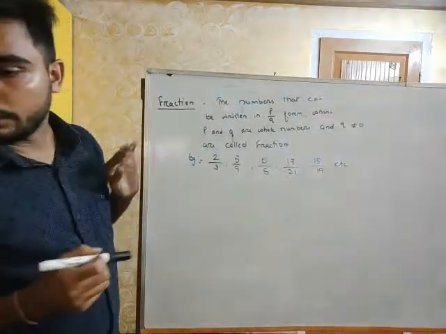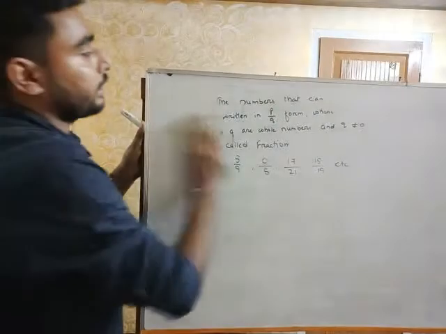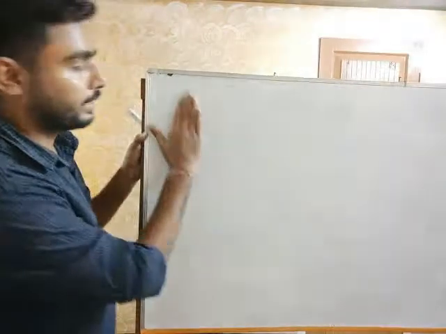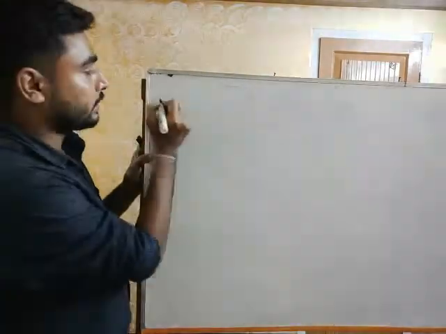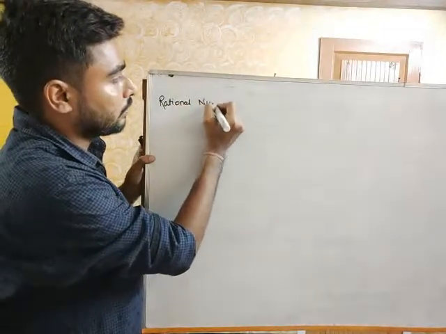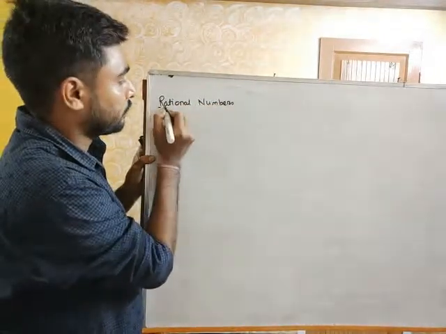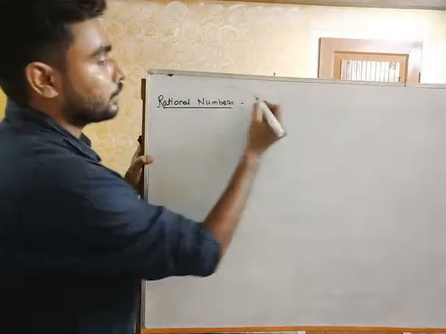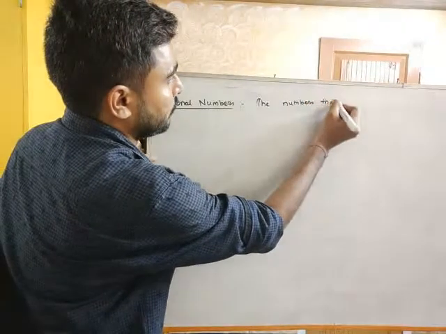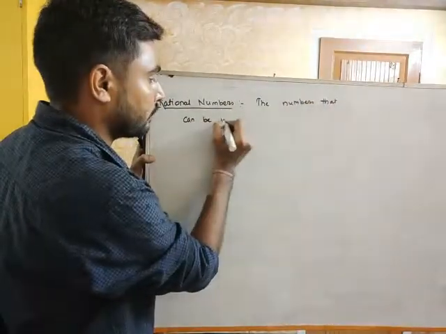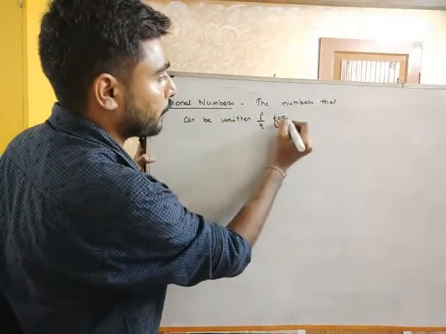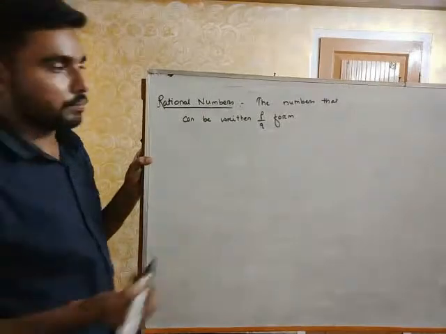Now, written? Okay. Now let me write the definition of a rational number. I will write the definition of rational number very similar to that of fraction, so that it is easy for you to remember both. So now, rational numbers: the numbers that can be written in P by Q form, which means numerator and denominator form.